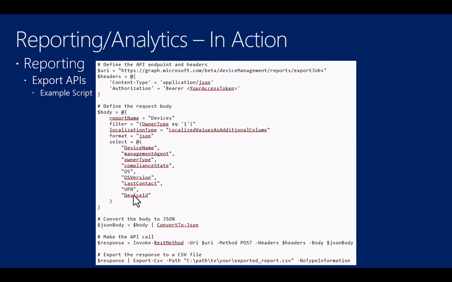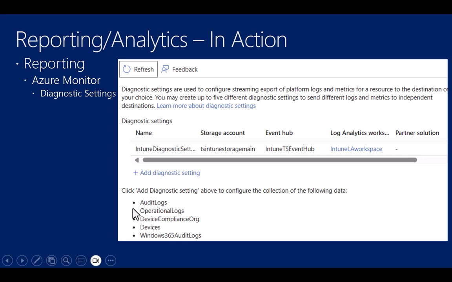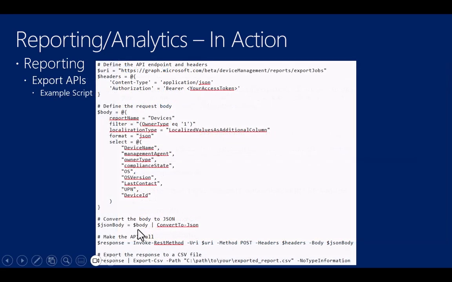And the result is we're going to return these into the variable body and then transform that body to JSON and then ultimately export it out as a CSV. And at that point, maybe you manipulate it while it's in the JSON. Maybe you export it to the CSV and manipulate it there. Maybe you take the CSV and load it somewhere else that you can then query. Really, it's up to you at that point. But this is a way to pull the data out of your existing Intune tenant and move it into a place that you can feel comfortable working with.